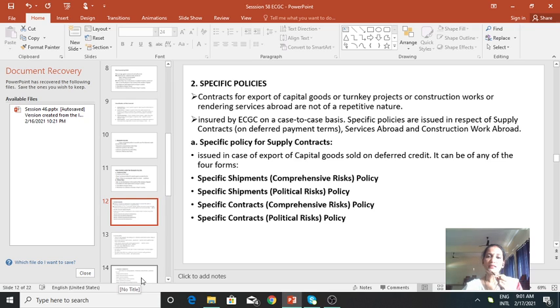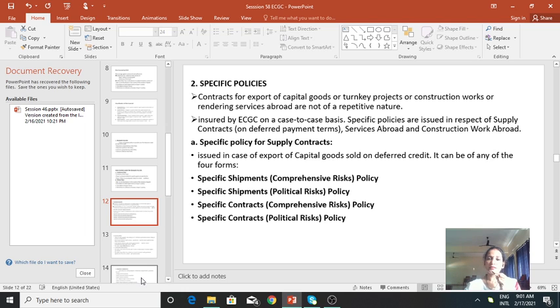Now the second category is specific policies. Contracts for export of capital goods or turnkey projects or construction works or rendering the services abroad are not repetitive in nature, so they are insured by the Export Credit Guarantee Corporation on a case-to-case basis. Then under that, a specific policy can be for supply contracts.